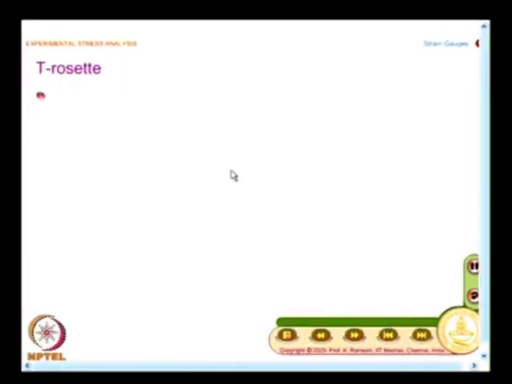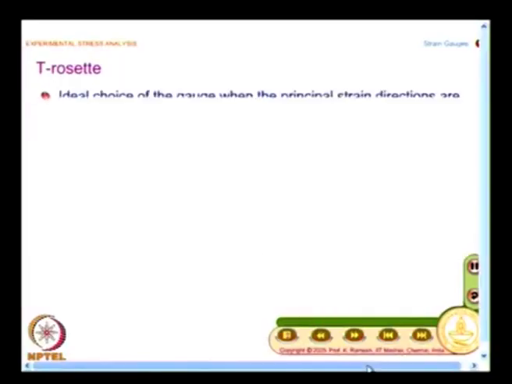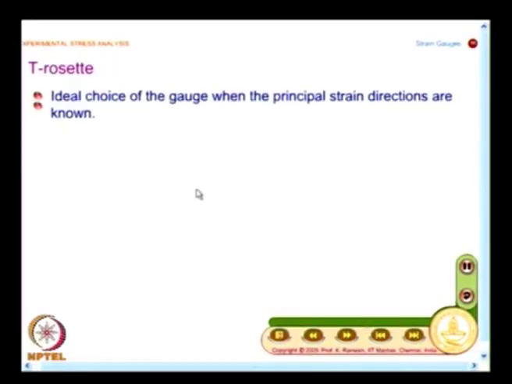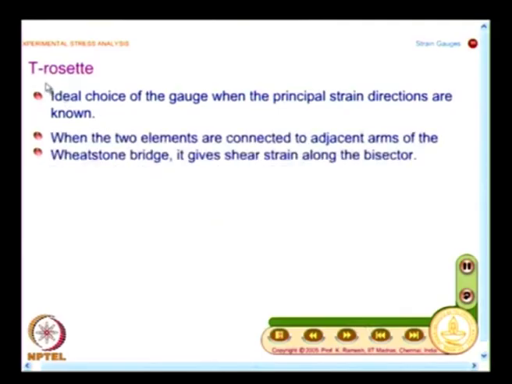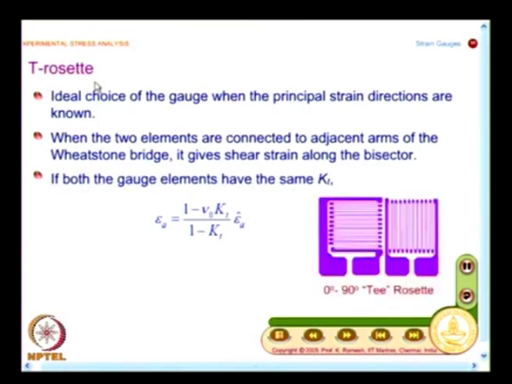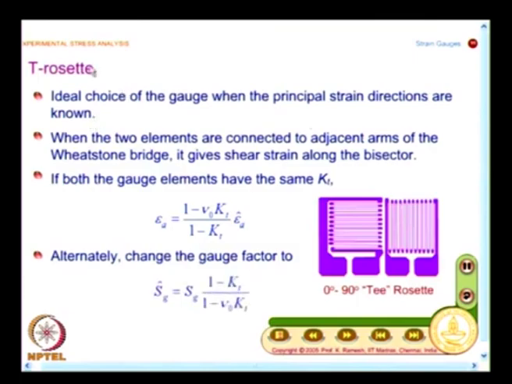And then, we have also looked at, for finer strain measurement, we need to go in for using rosettes appropriately, and T rosettes are ideal choice when the principal strain directions are known. This is one way of using it.